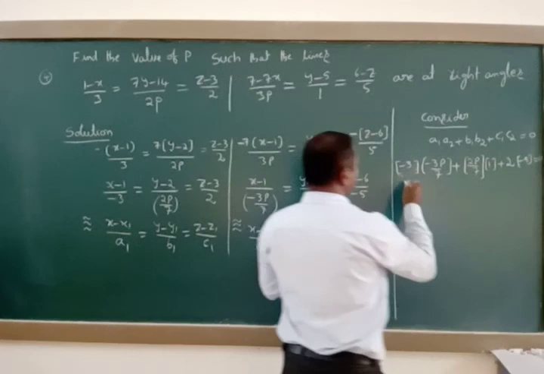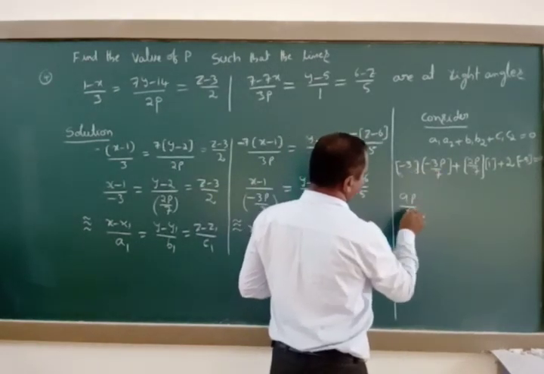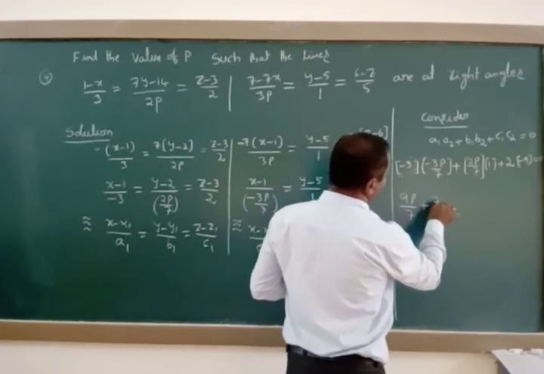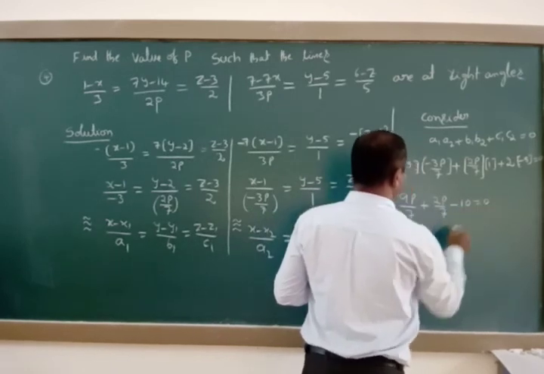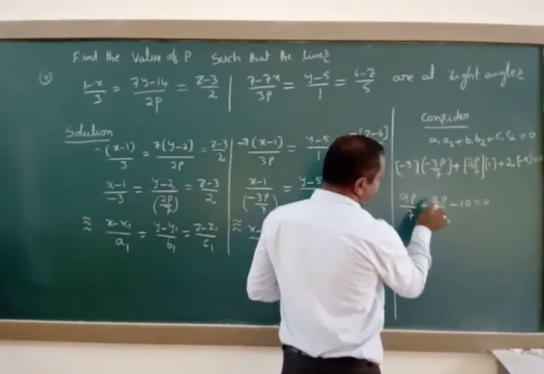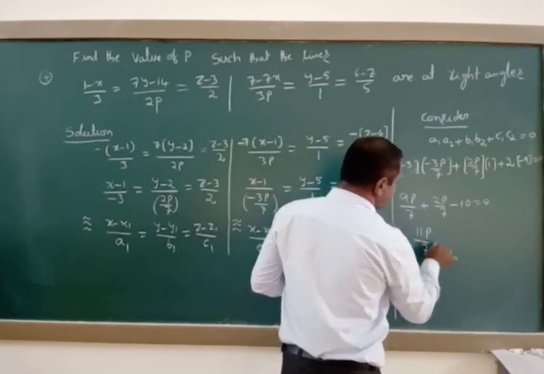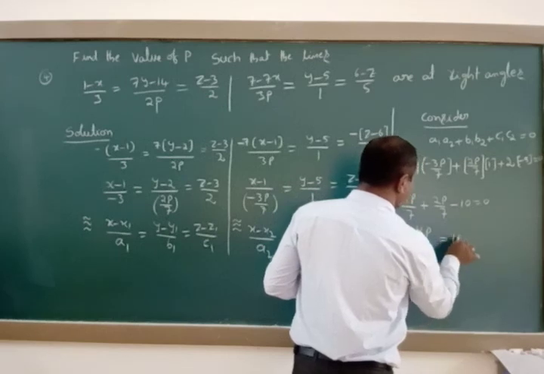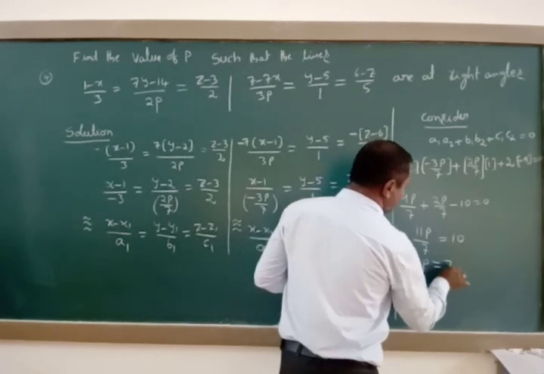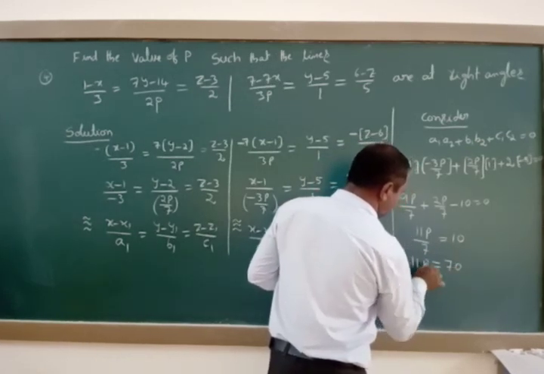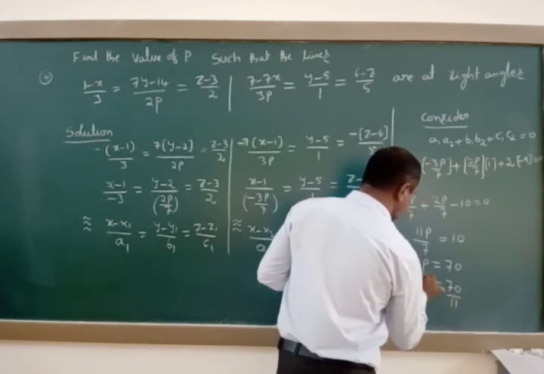Minus times minus 3 is 9p by 7, plus 2p by 7, minus 10, is equal to 0. The denominator is the same, so add the numerators: 9p plus 2p, 11p by 7. Send minus 10 to the other side, it becomes plus 10. Taking cross multiplication, 11p is equal to 70, or p is equal to 70 by 11, the answer.